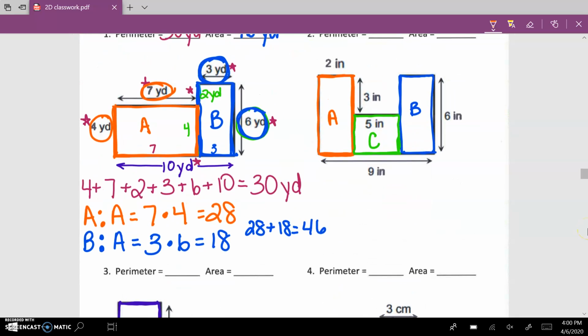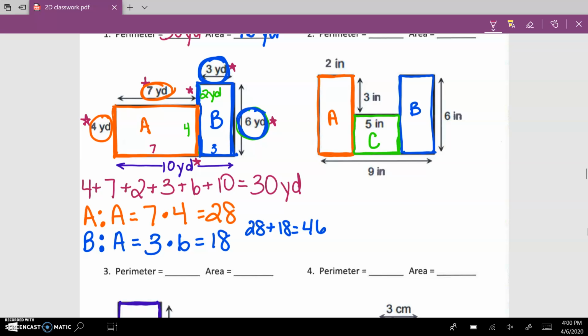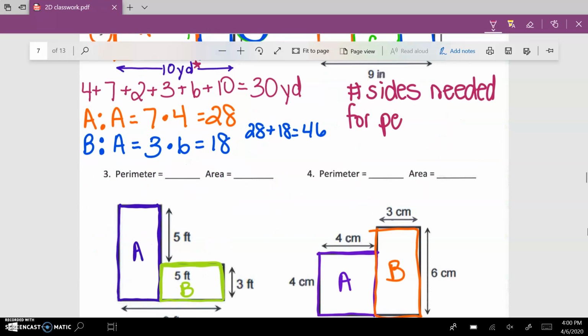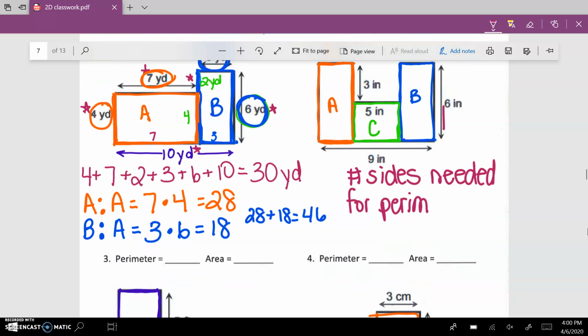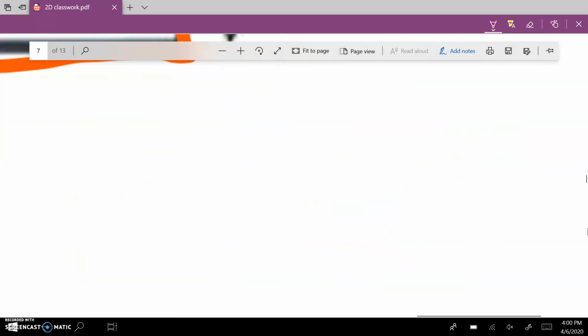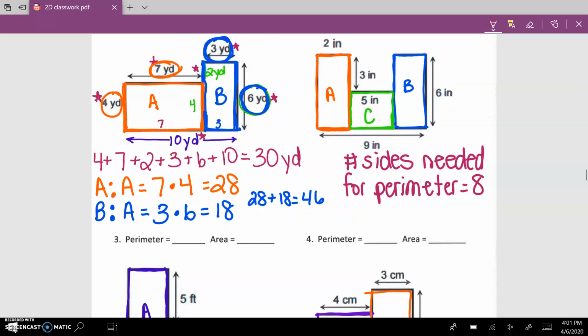Right, and then the last thing I'm going to do here is give you the number of sides you will need to find the perimeter. So number of sides needed for perimeter. Here, you're going to need 8 sides to add up for the perimeter.